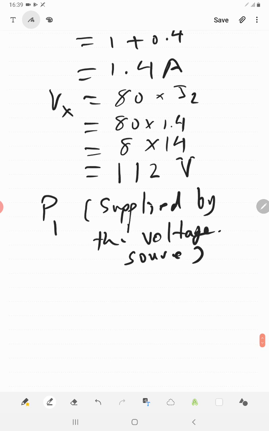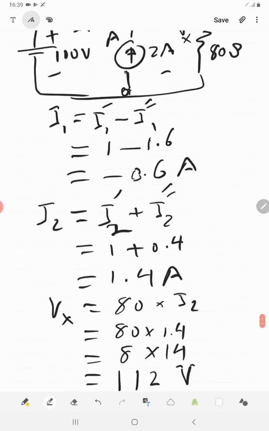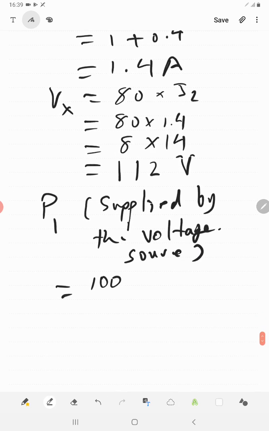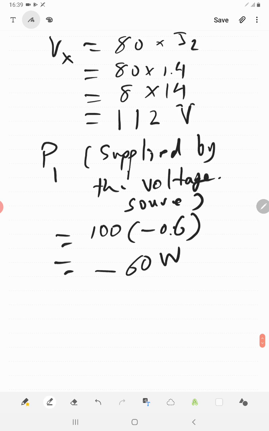So it should equal 100 volts, that's E, times the current supplied by the voltage source, times minus 0.6. So it will be minus 60 watts, which turns out to be negative, which means that actually the 100 volt source takes power, it doesn't supply power, okay, because it's negative.